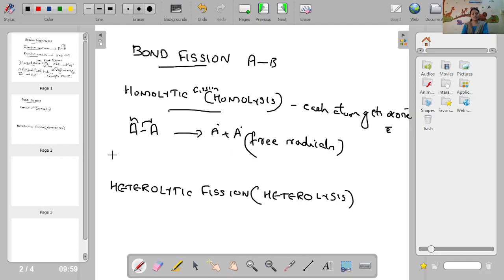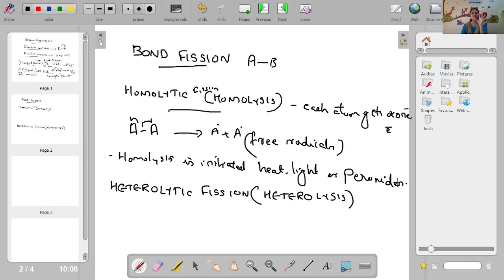Homolysis is also called homolytic reaction. When this homolytic reaction or free radical formation takes place, it is initiated by heat, light or the presence of peroxides.